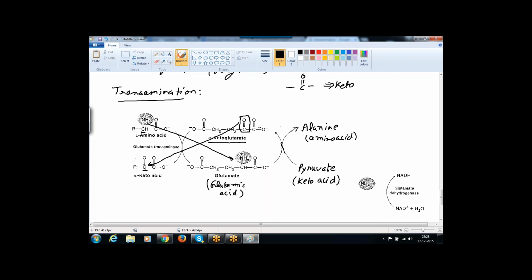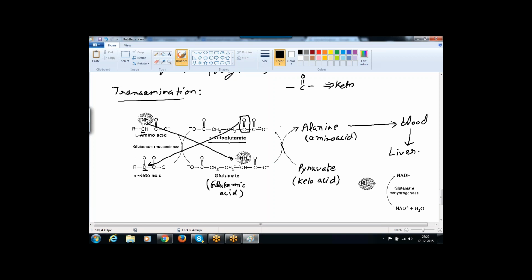So any amino acid is giving its amino group first to alpha ketoglutarate, and then this alpha ketoglutarate becomes glutamate. This glutamate gives its amino group to pyruvate, making it alanine. Now, this alanine has the capacity to diffuse out of the cell. It goes out of the cell into blood, and along with blood, it will reach liver.